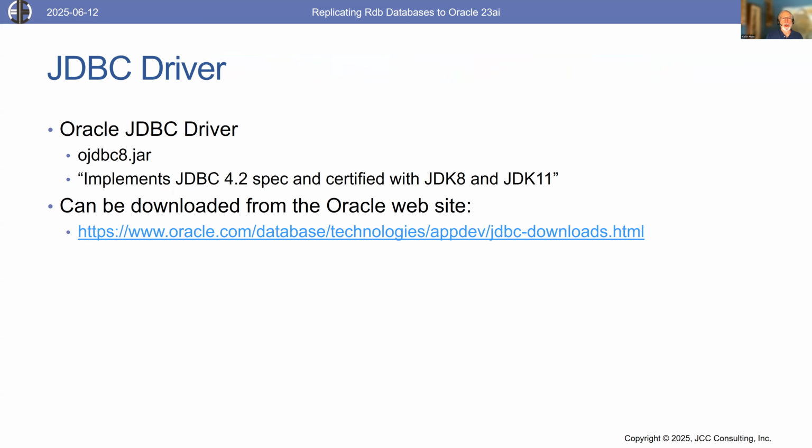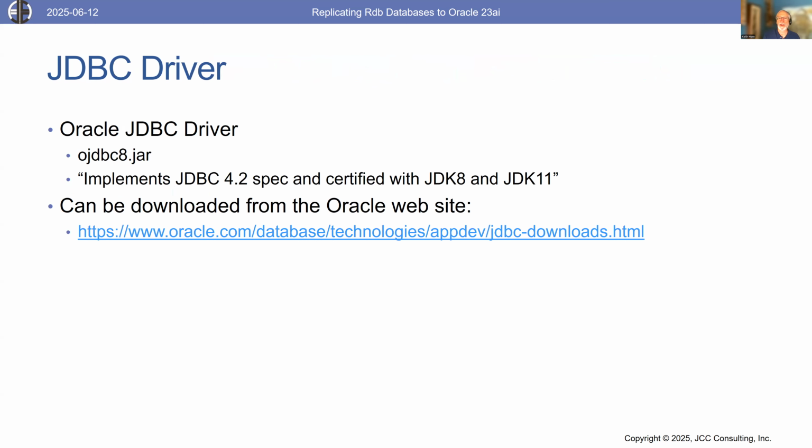In this example, we're going to use the Oracle JDBC driver that is in ojdbc8.jar, the latest version of it. This implements JDBC 4.2 and is certified with either JDK 8 or JDK 11, Java Development Kit.